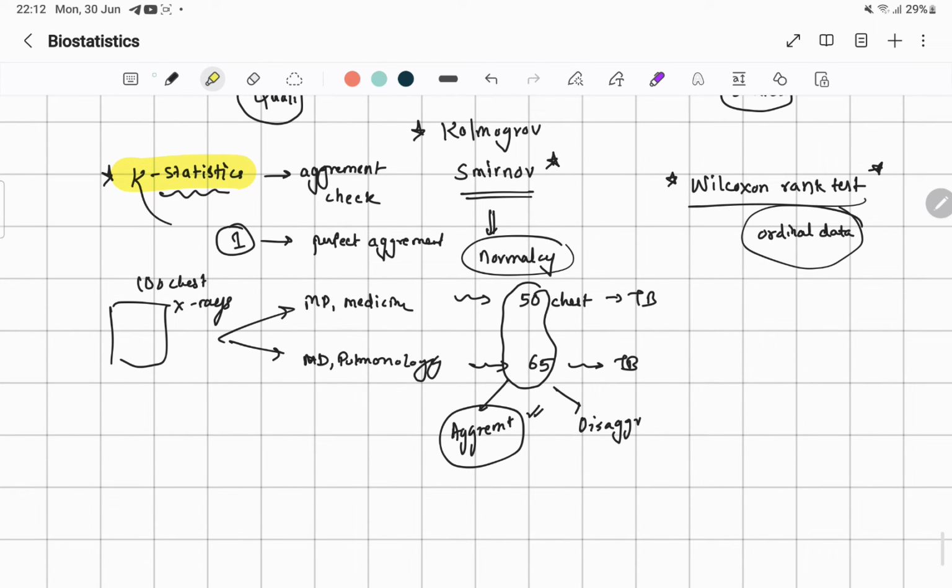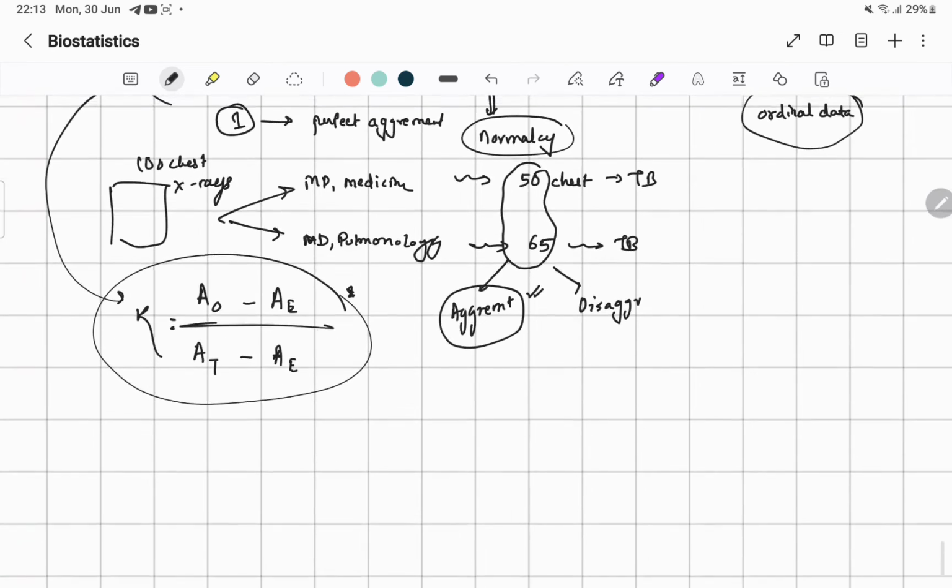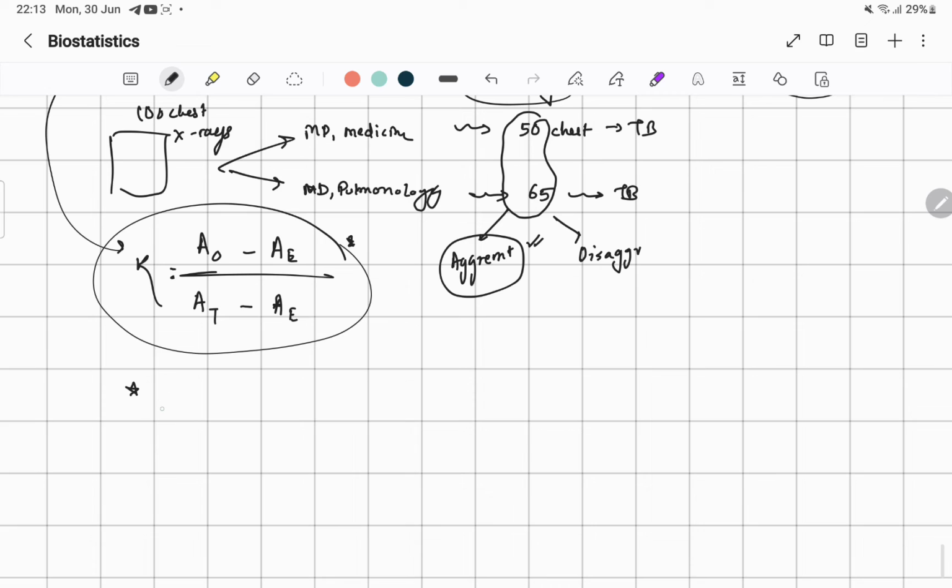So here there is a formula. Kappa is equal to observed agreement minus expected agreement, divided by total agreement minus expected agreement. Observed minus expected by total minus expected. Then we have a condition for cancer patients. A cancer patient may survive based on prognostic factors.